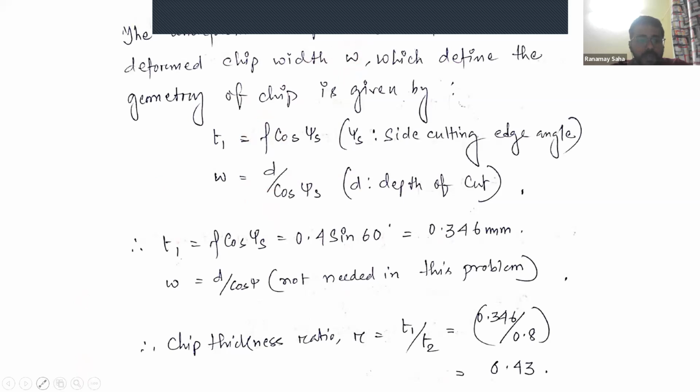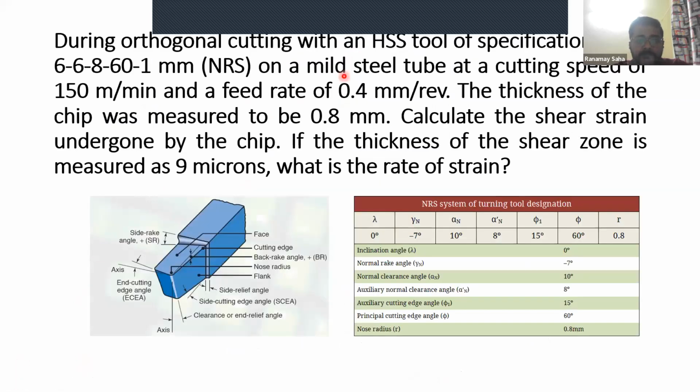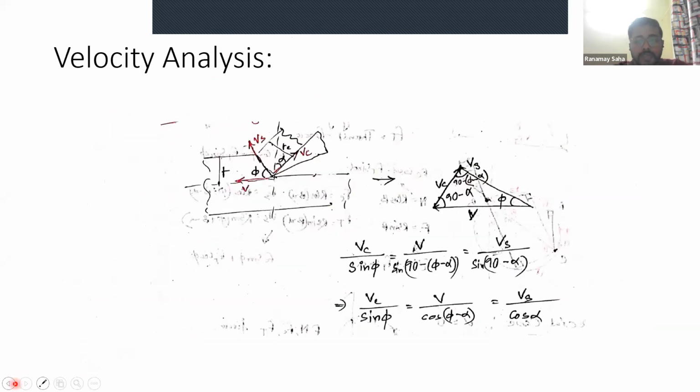to be 150 meter per minute. And you can find the shear velocity in terms of cutting velocity. How do you find that? From this relation, you can say Vs becomes V cos of alpha divided by cos of phi minus alpha, where V is the cutting velocity, right? Clear?